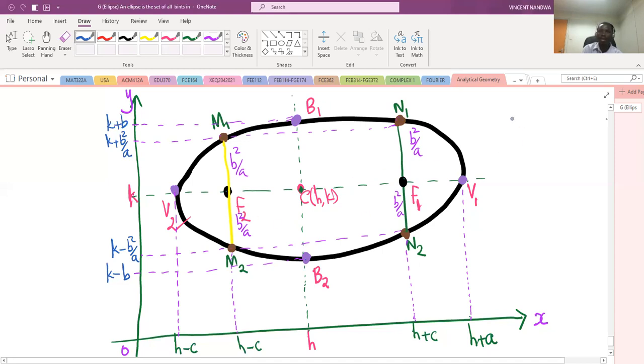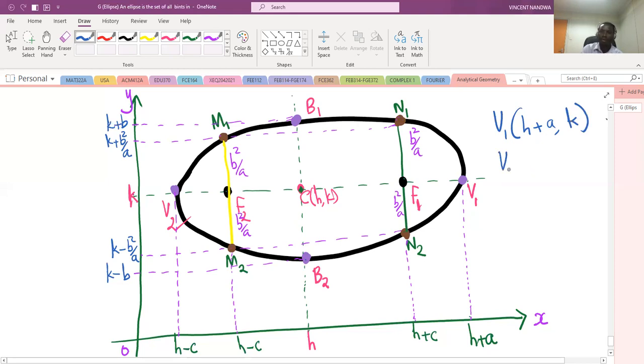So with those labels, we are able to give the coordinates of each of these dotted points. V1: x value is h plus a, and y value is k. So those are the coordinates of V1.